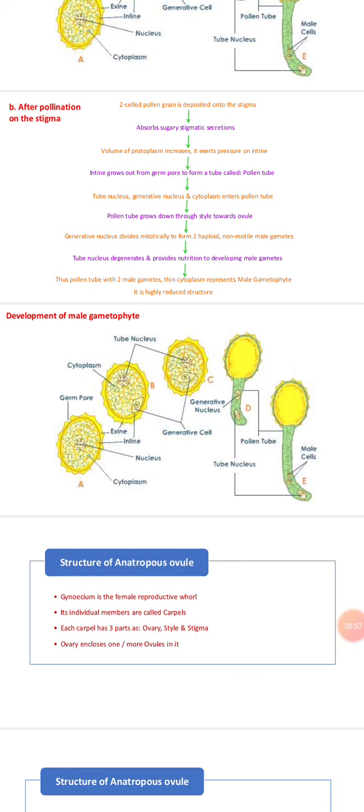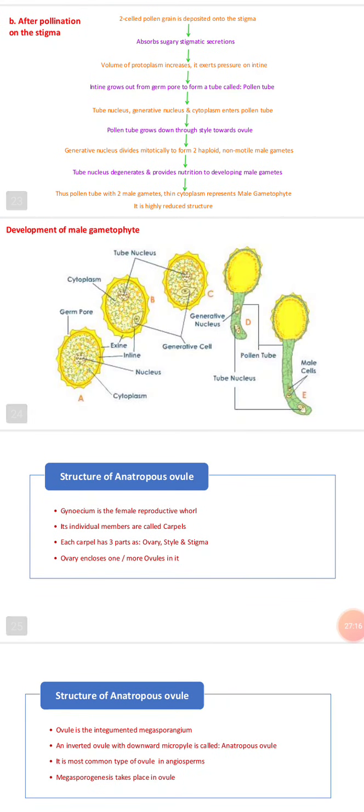For it, the pollen tube extends and grows toward the ovule. It extends from the tip portion of the gynoecium, the stigma, then the style, and finally it reaches the ovule.